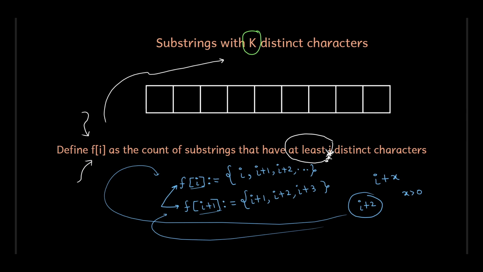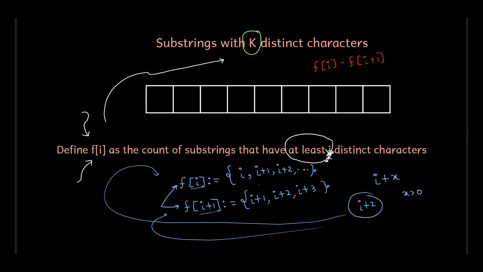So now if you look at this quantity, f of I minus f of I plus 1, what would this represent?